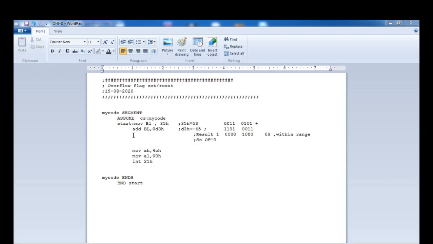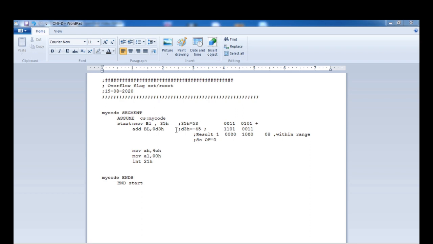Let us try a small program with the data we used to explain the working of the overflow flag. The first instruction is MOV BL, 35H, and then ADD BL, D3H.